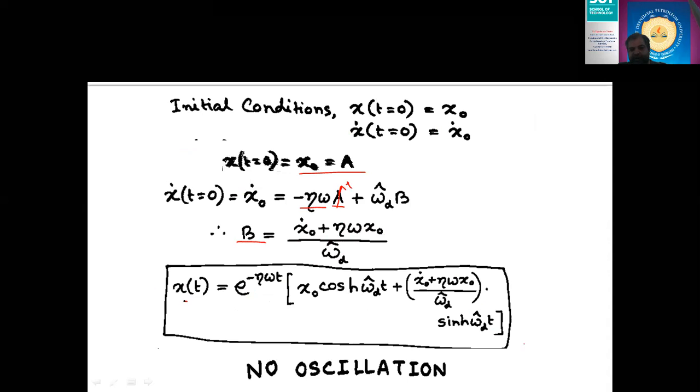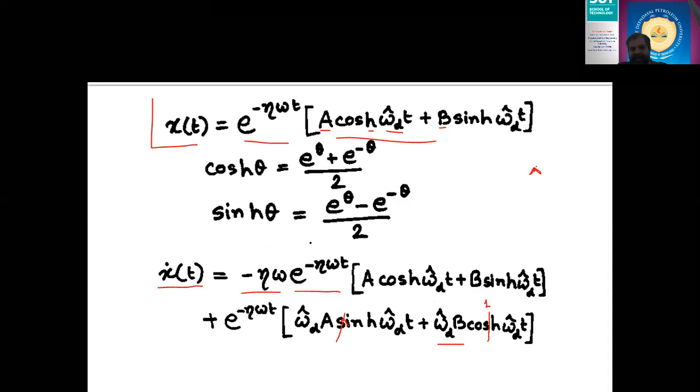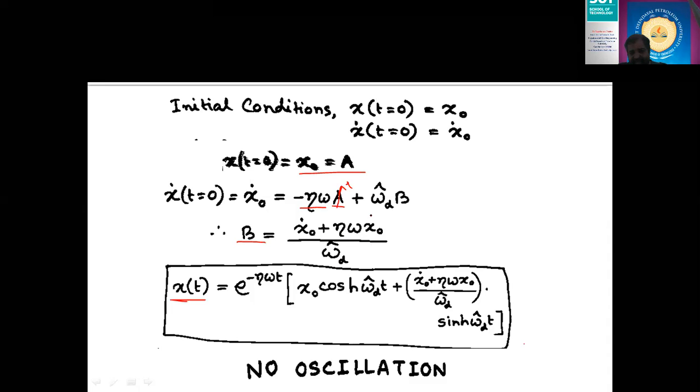If you put the values of A and B into the original equation, then you will have x(t) equal to e raised to minus eta omega t times x0 cosh omega d t plus the value of B into sinh omega d t. In this case also you have two functions. One is the harmonic function, and this is my decreasing exponential function. Here the decreasing exponential function will have much more impact, because the value of eta is greater than 1.